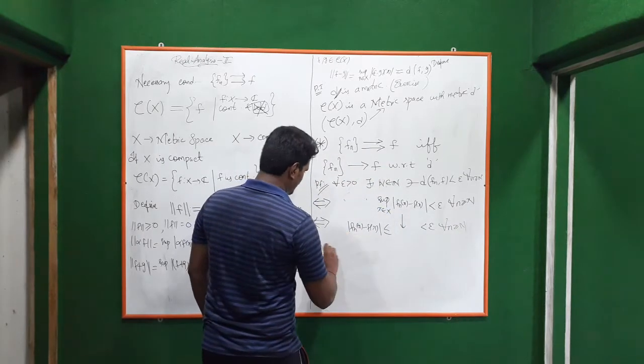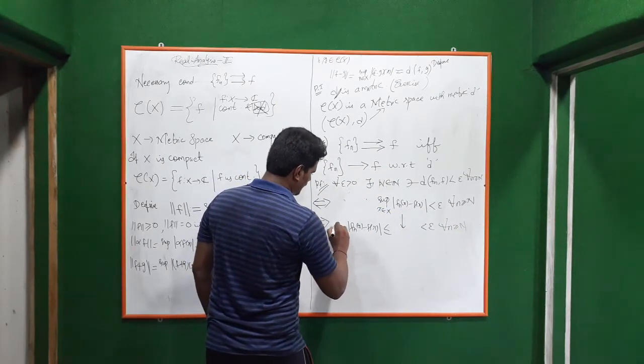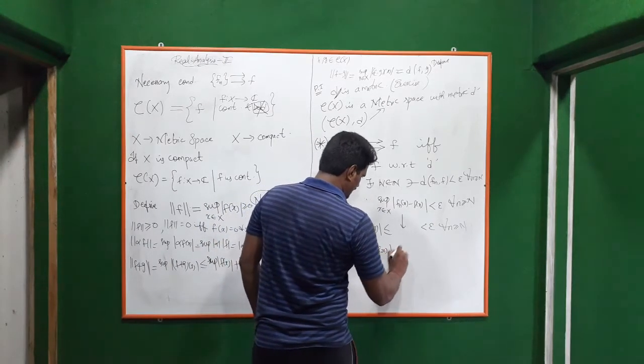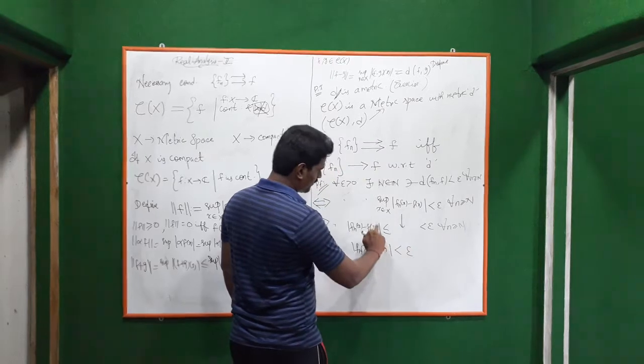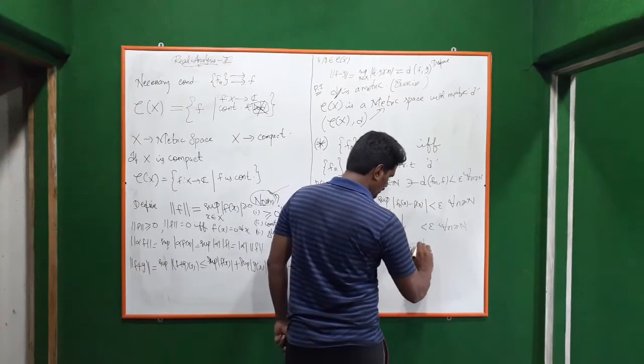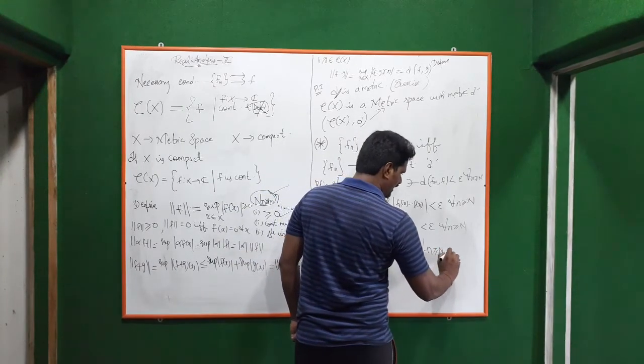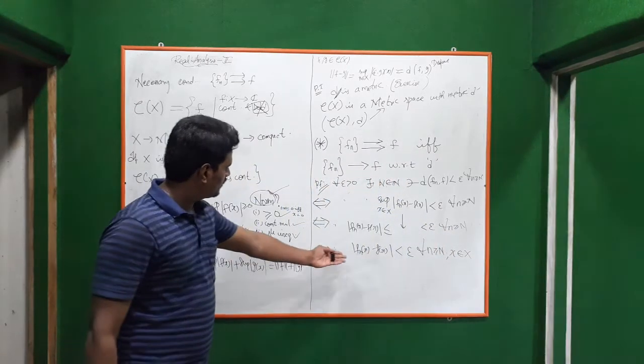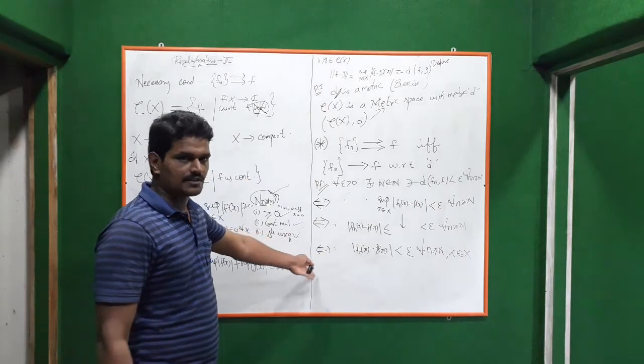Correct? And what is this? Mod fn of x minus f of x is less than epsilon. This is true for any x in X. Okay, it's true for every n greater than or equal to N as well as any x in X. So this is the definition of what? Uniform convergence.